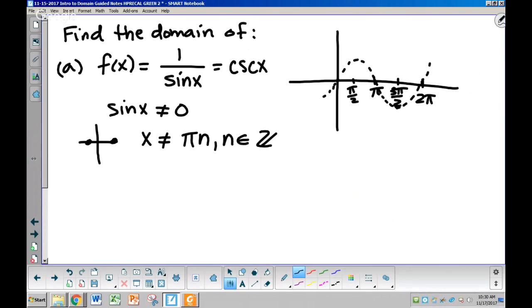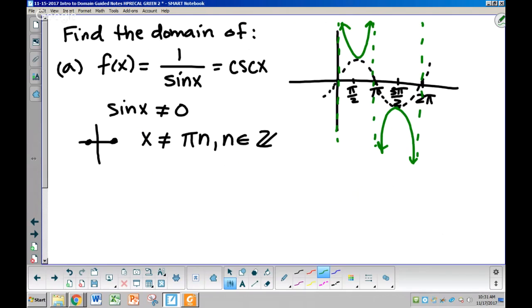And then when will we put our asymptotes? At 0, right? And every pi n. And then our graph would look like this.